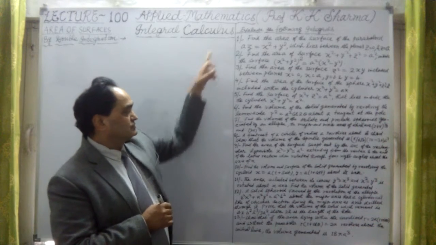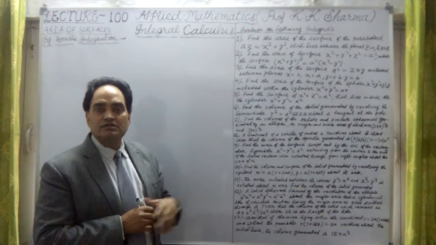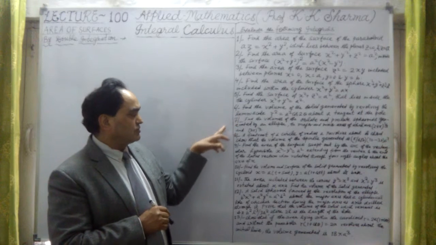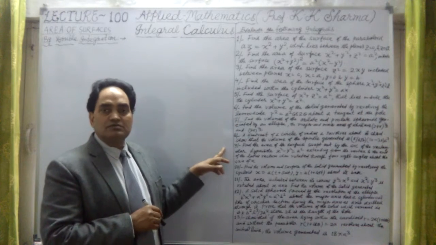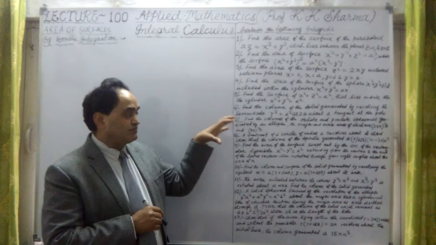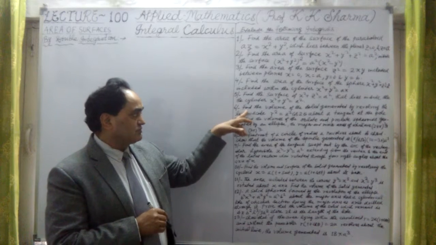Now, from the first to 5 questions, I'll take on surface area with the help of double integration. Again, I'll take these formulas with the help of volume and surface area of surfaces of rotation, volume of solids of revolution. So this is 6 onwards.